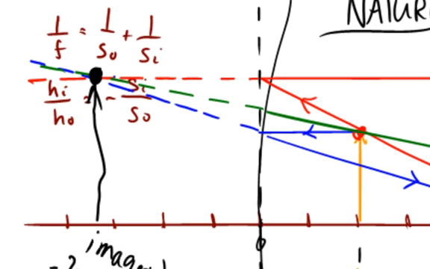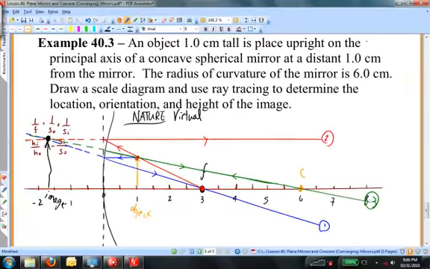Here is where my image is located. We can see that the size of this image is enlarged because it's taller than the object is. And we also see that the orientation of this image is erect or upright because both the object and the image arrow point in the same direction.